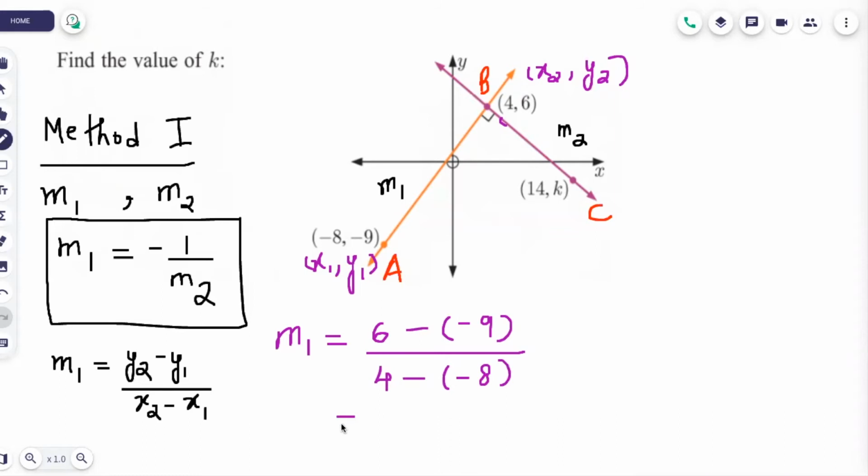So this is going to be 6 plus 9 upon 4 plus 8. When I simplify, I will get 15 upon 12. When I simplify it further, this will be 5 upon 4. You can leave it as a fraction. Let's find M2 now.